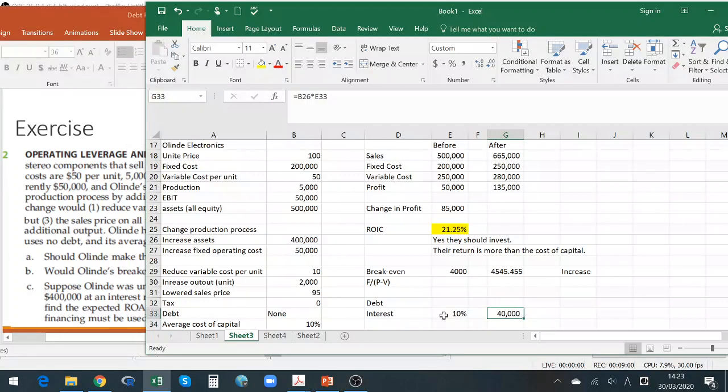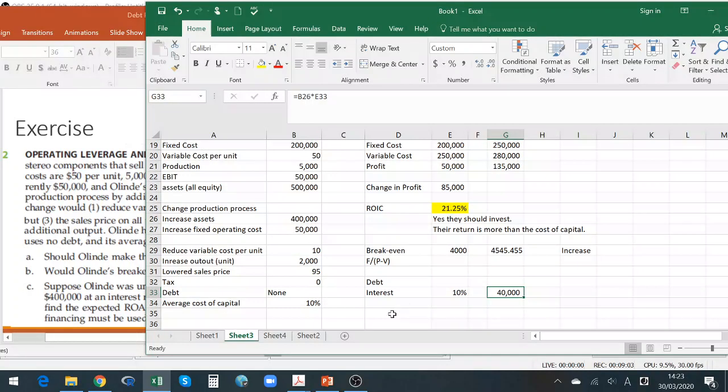So you have to pay this interest expense, and your profit will change, right? You have this profit, but you have to pay this interest. So your profit will be changed to 95,000.